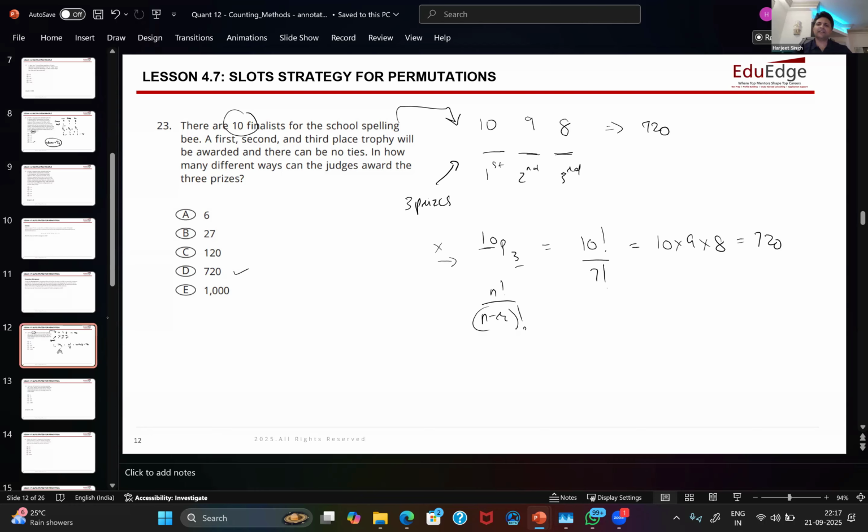Also, if I say that A, B, C are first, second, third, can I say this is different from B, A, C, where B is first? And hence here, this is a problem of arrangement, which is why we have used permutations here. So always cross-verify this with logic.